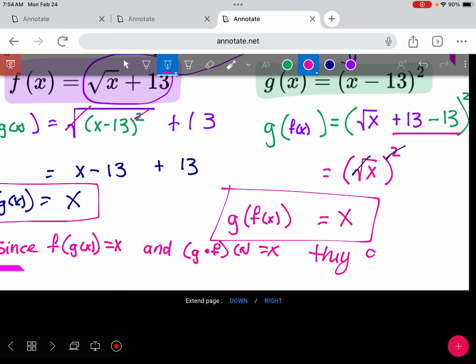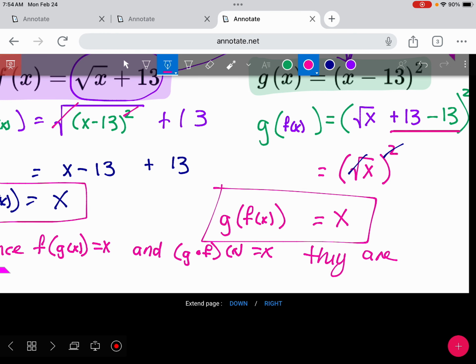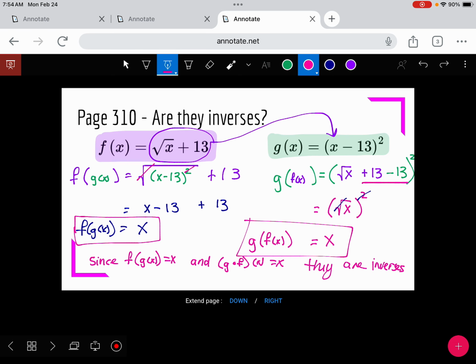They are inverses. How much worse my handwriting gets when I zoom out too far.